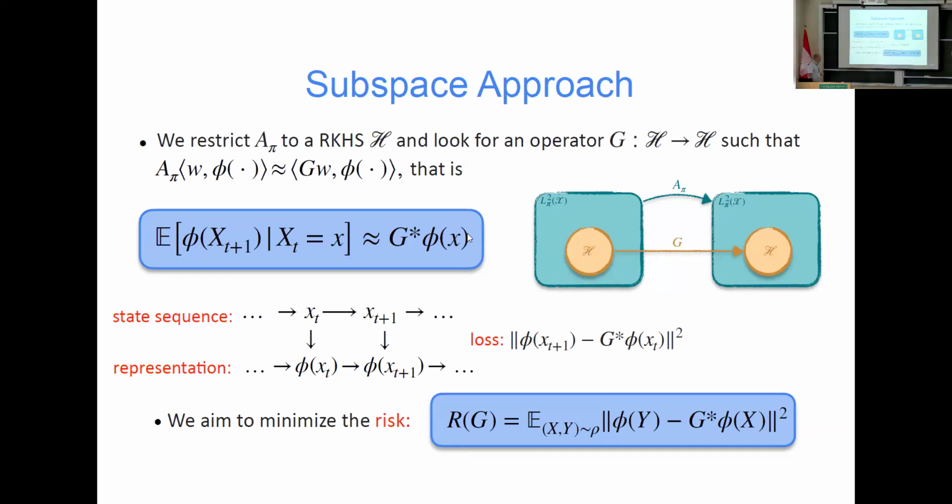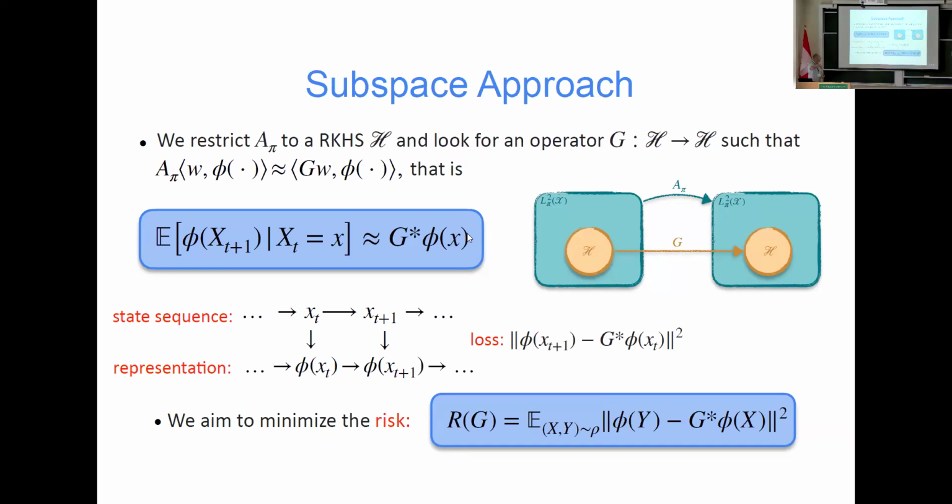Then we simply take the expectation of this loss function over my trajectory, and so this is the same as taking the expectation over the joint distribution of the initial state from the invariant distribution and the future state y, and this is our notion of so-called risk function. Okay, so we would like to find an operator G which minimizes this risk function.